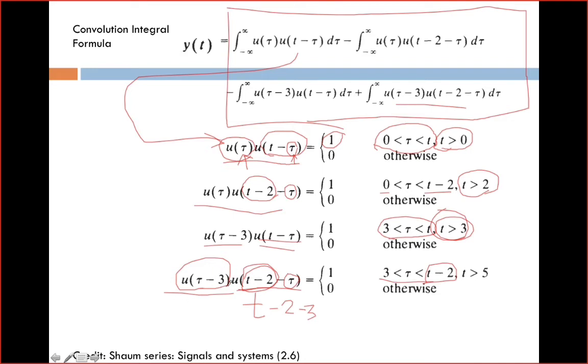Here tau minus 3 is equal to 0, so tau is equal to 3. When I am substituting, I'll get t minus 5. So t minus 5 is equal to 0. From this we can say that t is greater than 5.